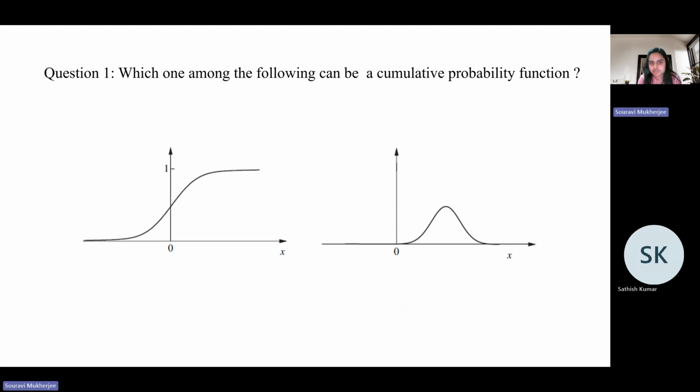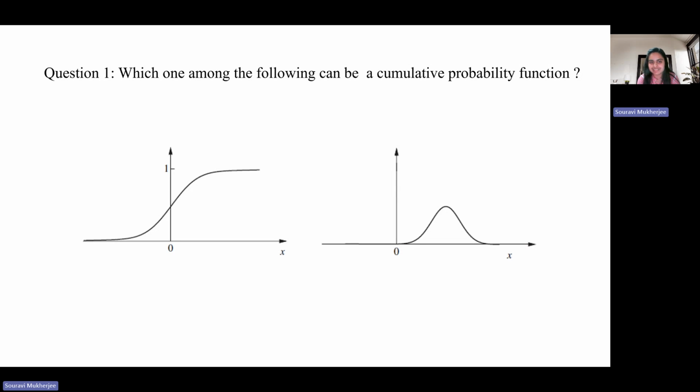Okay, so let me just break it down for you. When we talk about cumulative probability function, that means we are looking at probability from minus infinity to that point. So this should always be a monotonically increasing function, which is something like this.